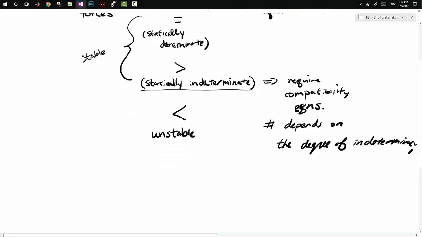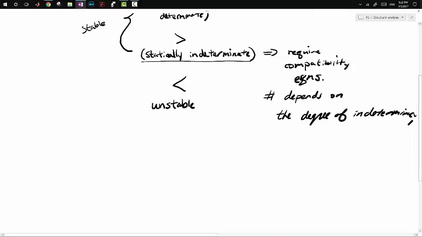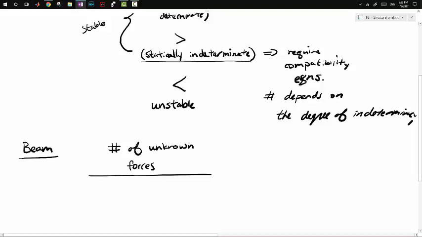So for a beam, your number of unknown forces are basically your reactions.